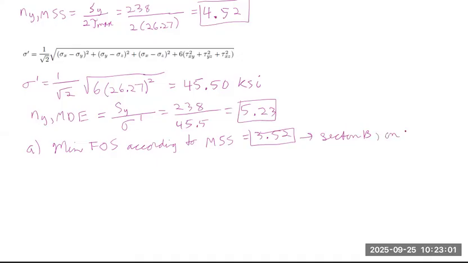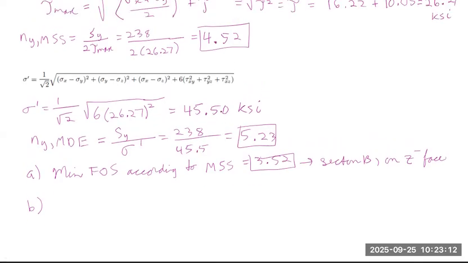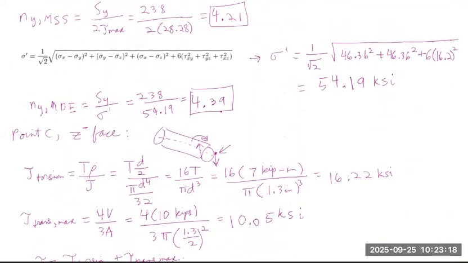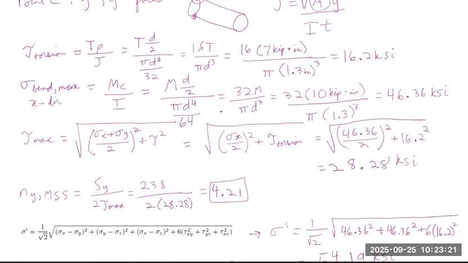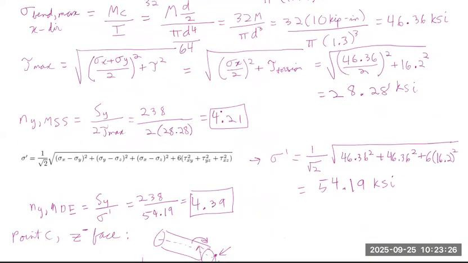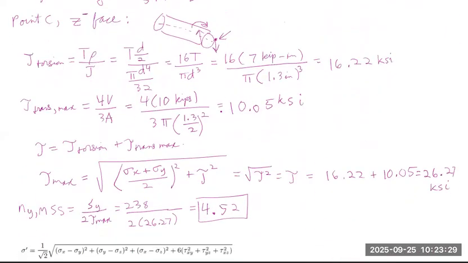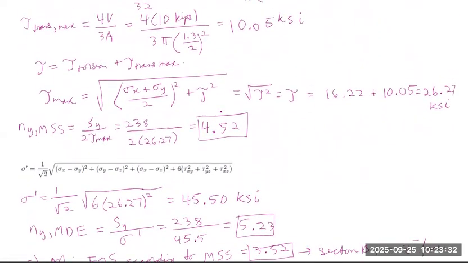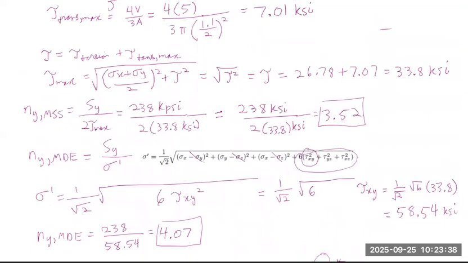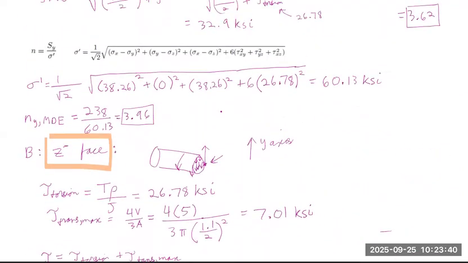So for maximum distortion energy, factors of safety are 5.23, 4.39, and 4.07. Obviously, wait, hold on, am I missing something? So it's 5.23, 4.39, 4.07, and 3.96.